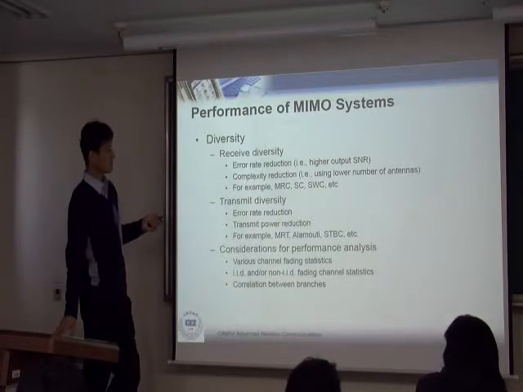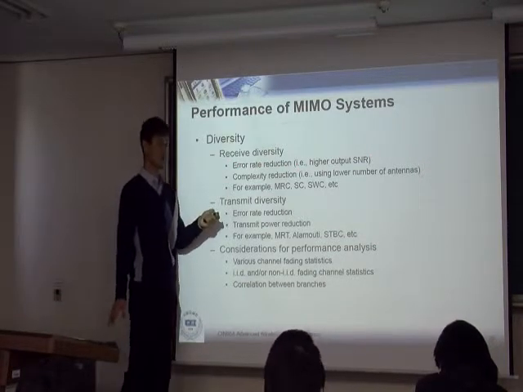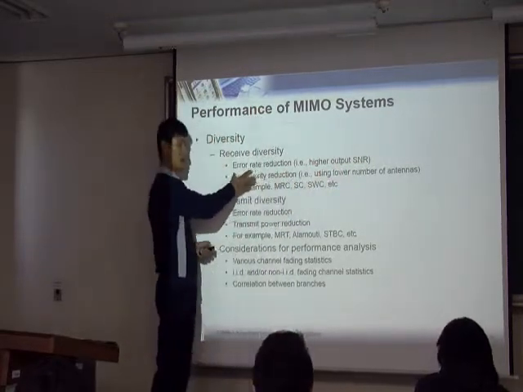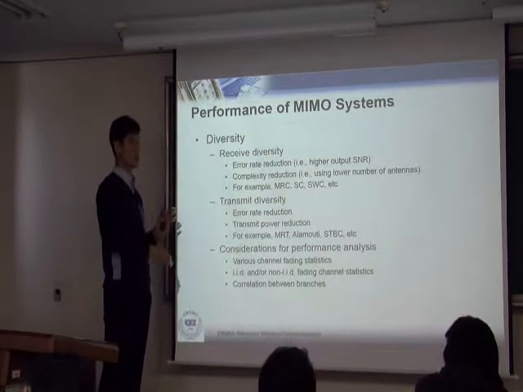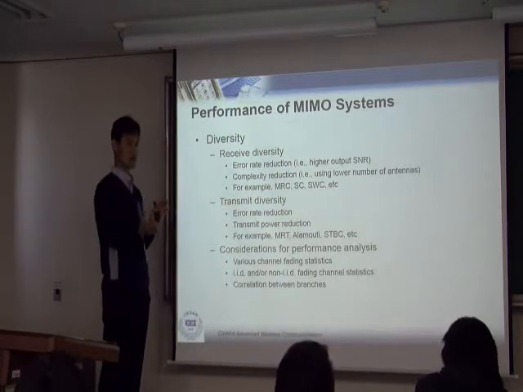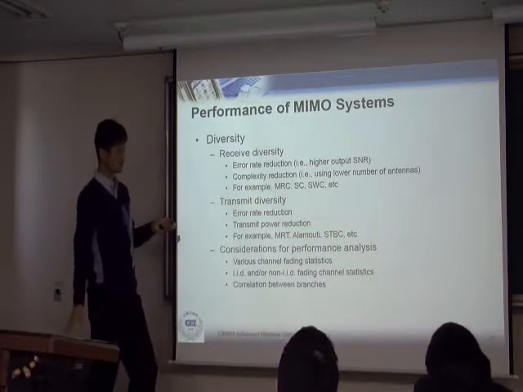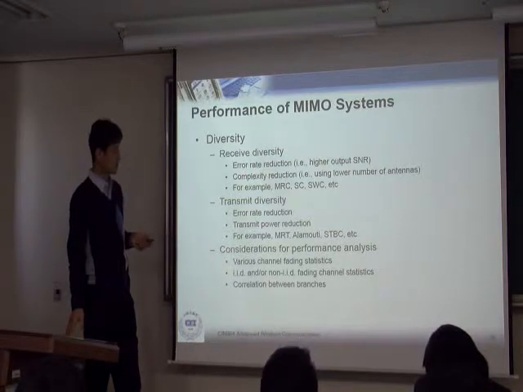Typically, when you try to minimize the error rate, that corresponds to getting a higher output SNR. When you have a higher SNR, that means lower bit error rate. Think about the waterfall curve. It's always monotonically decreasing. Typically, this can be a goal, or this can be a goal. These are the examples.